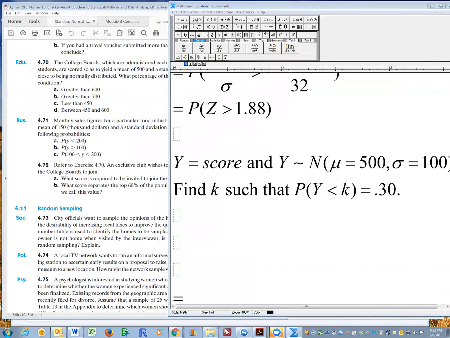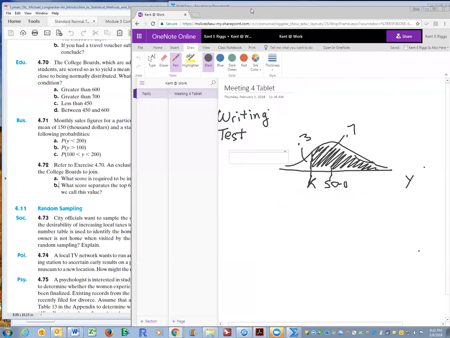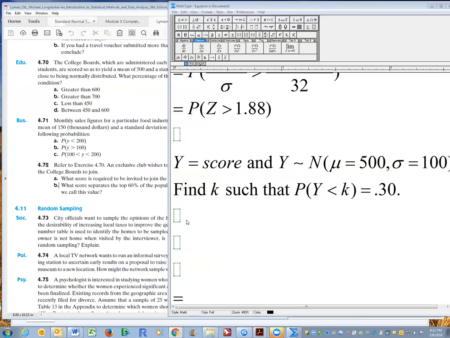If you want to think about what this K value is, it is a particular value of y. I'm scrapping this tablet.